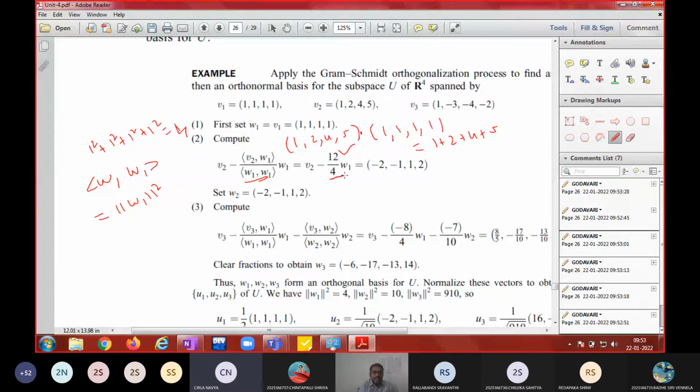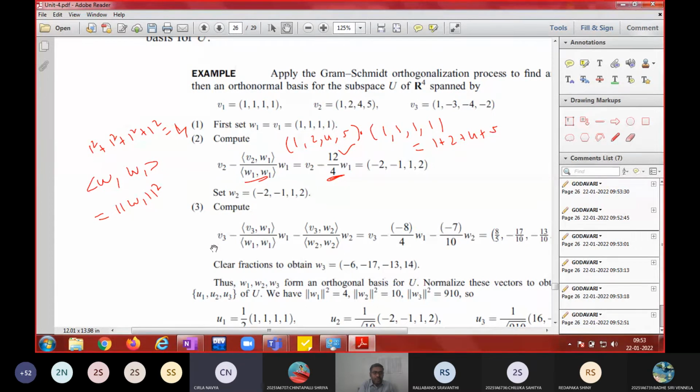That is the square of the magnitude. So this is the dot product of V2 with W1 divided by the square of the magnitude of W1, times W1. Then you simplify this. Substitute V2 and W1, which is V1, and simplify, and you will get this.